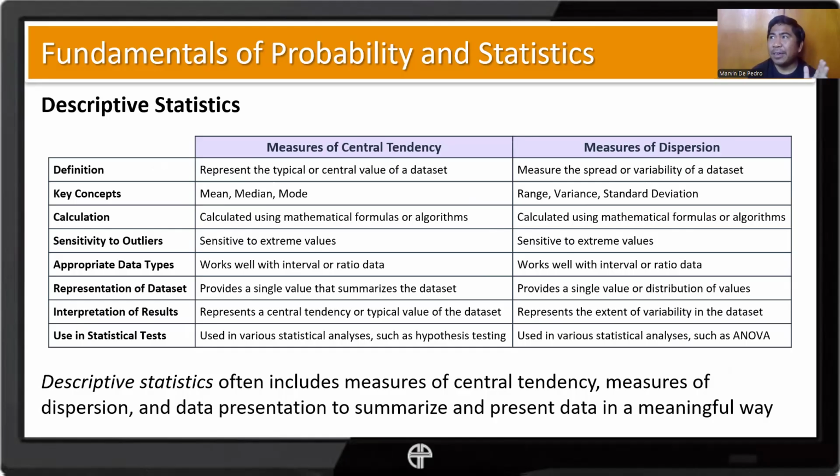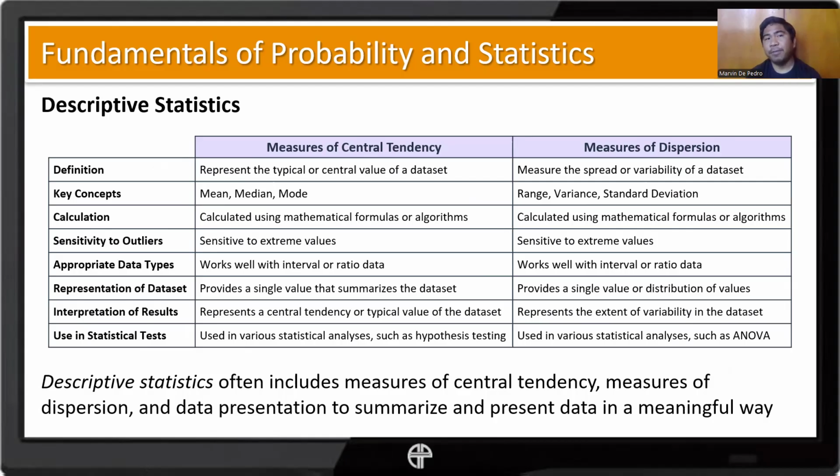But it has been a common practice that we take the mean of the discrete or ordinal values, because a Likert scale has ordinal values. So sometimes we just treat them as discrete interval values, so that we can come up with our measure of central tendency. Measures of central tendency provide a single value that summarizes the data set.